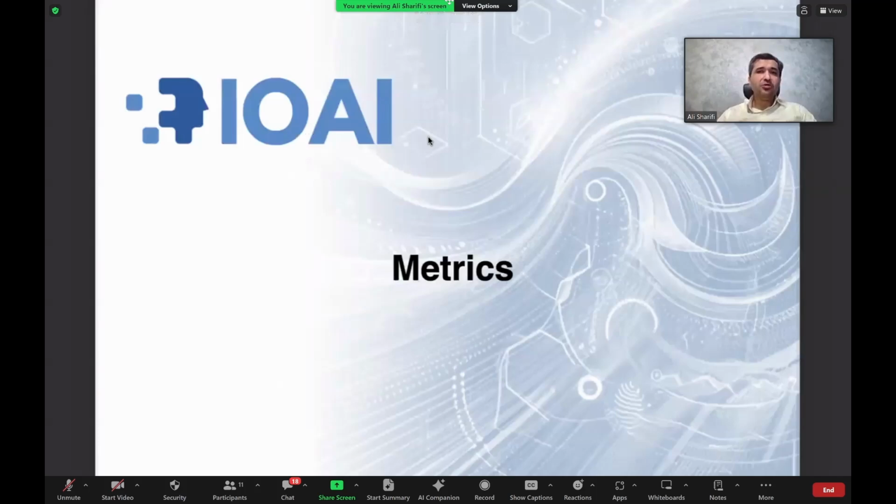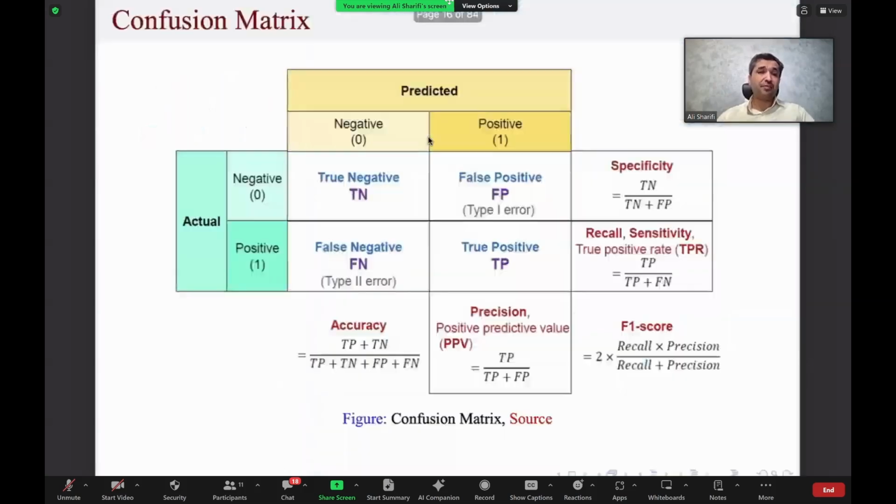So to ensure our classification is done well, we have different metrics here. For example, whenever you do a binary classification, given our data is a set of normal or cancer samples, and we have a test.